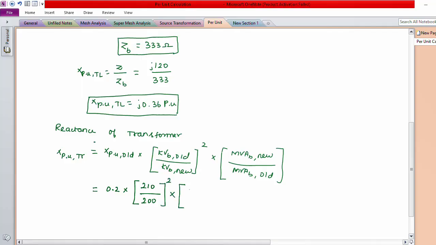Into MVAB new is 120, MVAB old is 40. So if you simplify this, we can get the per unit reactance of the transformer as 0.6615 per unit.